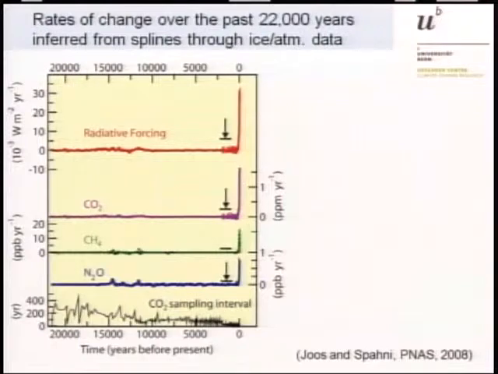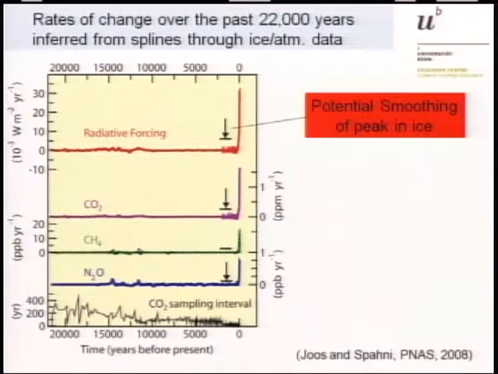And that's what we get here if we do this for different gases and for the combined radiative forcing of these gases. You see the records are really very flat, and then we have at the end this rapid rise in the rate of change, this acceleration of the CO₂ increase.